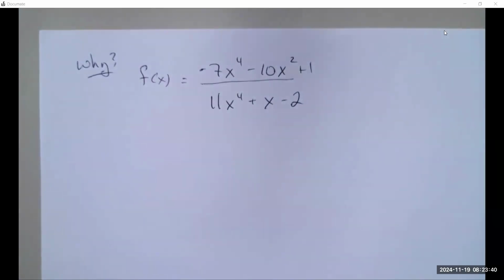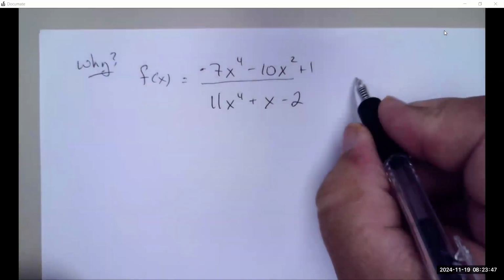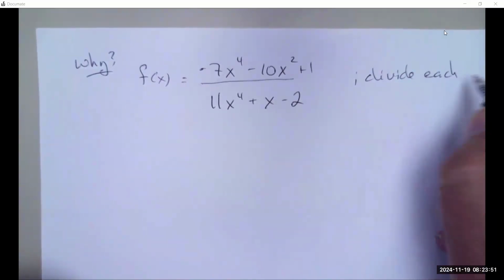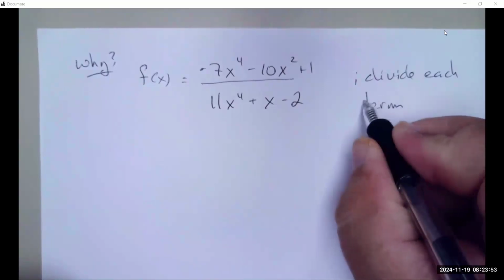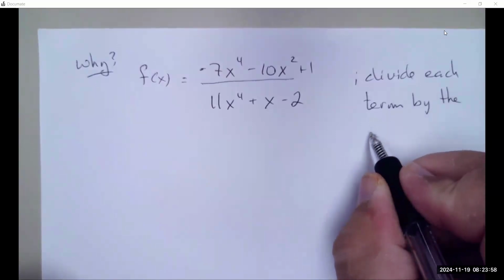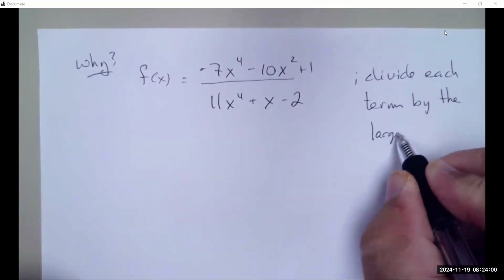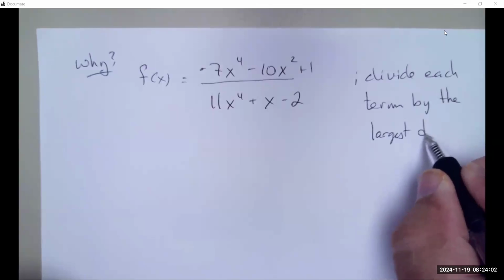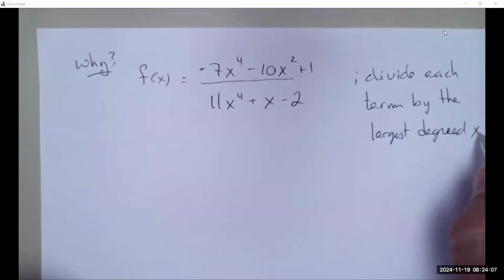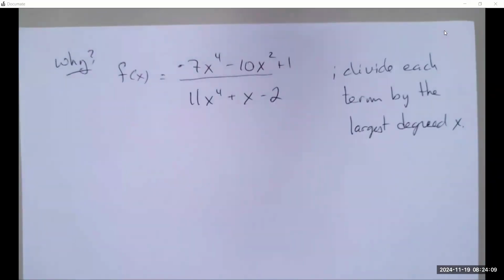Given any polynomial, we have a lot of x's everywhere. So how do we get rid of the x's? Divide each term by the largest degree x. So what's the largest degree?